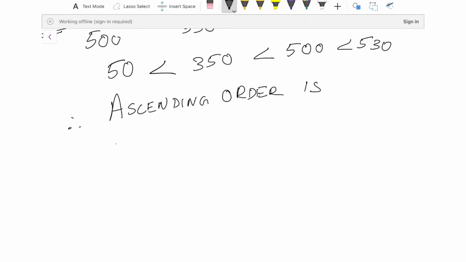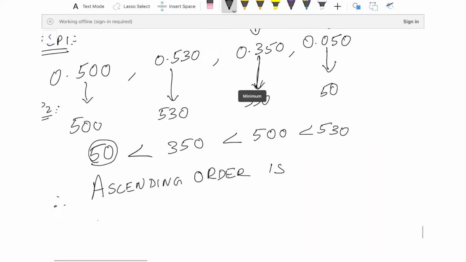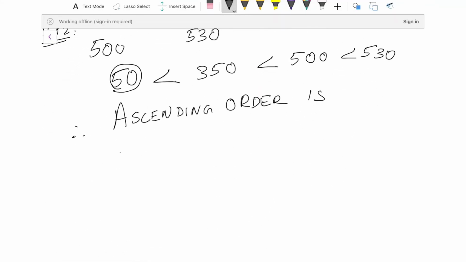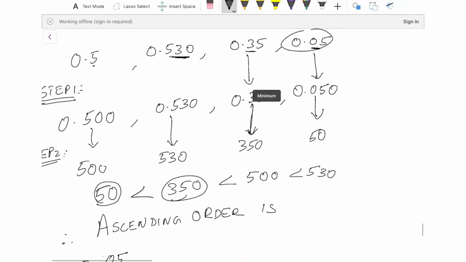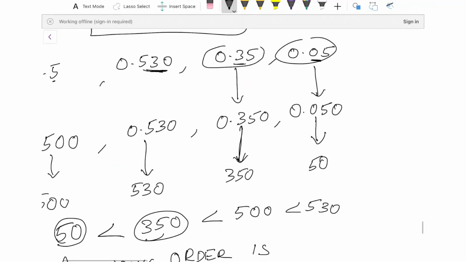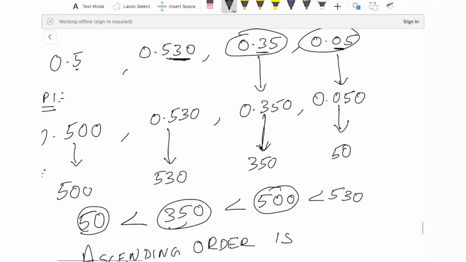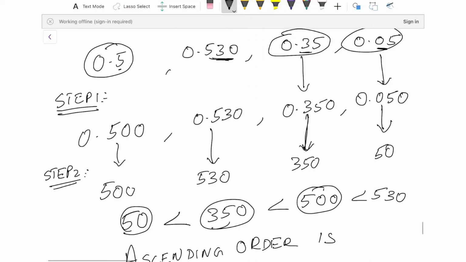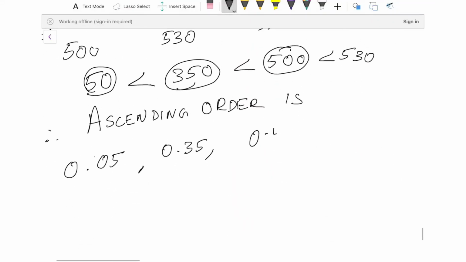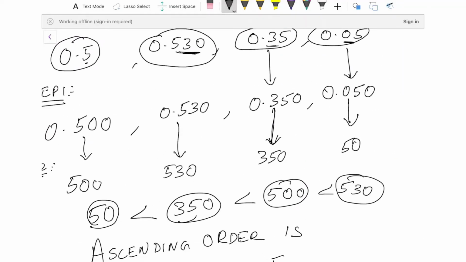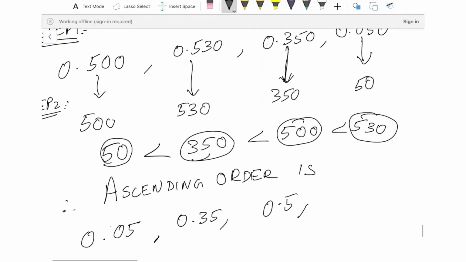What's the ascending order? First we have 50, that corresponds to 0.05, and then you have 350. 350 is 0.35, and then you have 500. 500 is 0.5, and then you have 530. 530 is 0.530.